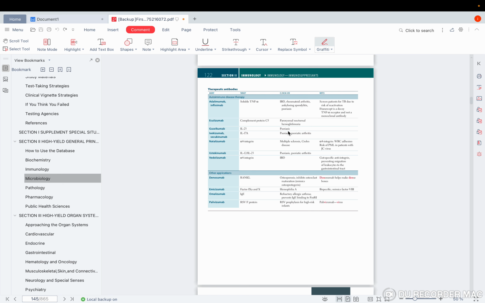Guys, I have a question. If you have an HIV patient that you do a PPD test on, will it be positive or negative? This is important. Remember, the PPD test was basically which type of hypersensitivity reaction?